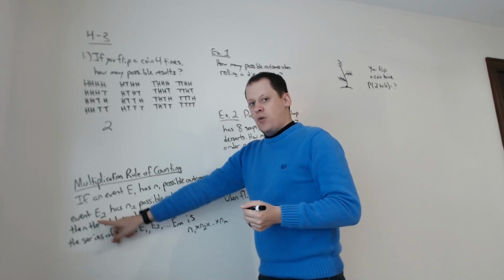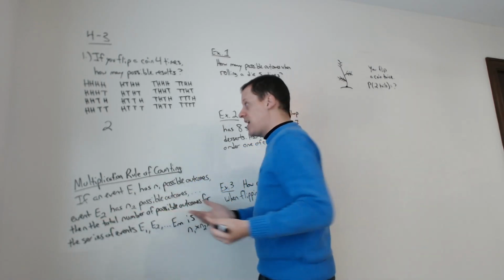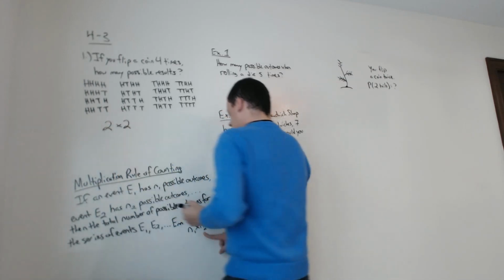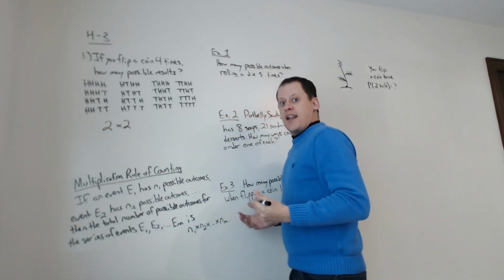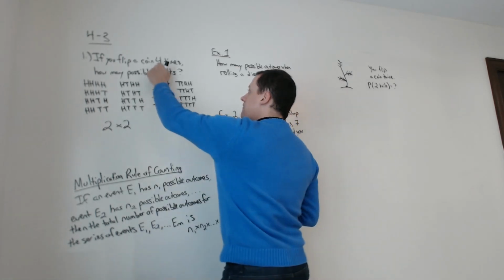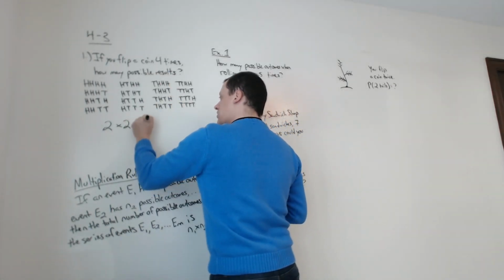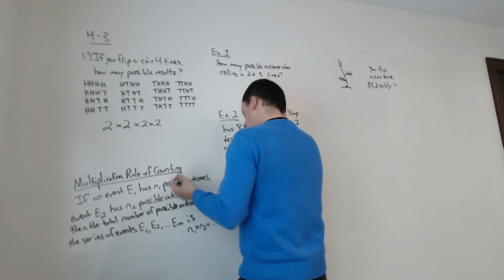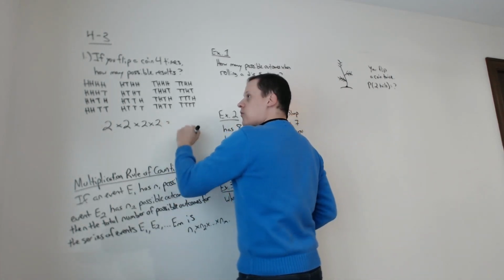Second time you flip the coin, it's either heads or tails again. So N2 is also 2. Every time you flip the coin, it's going to have 2 possible outcomes, and we're doing that 4 times. So we're just doing 2 to the 4th power, 2, 4, 8, 16.